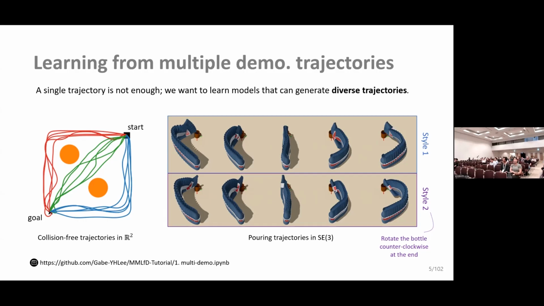Later in this talk, we'll discuss how geometric methods can help overcome this challenge. In this presentation, we'll use the two examples shown on the slide as our working examples. On the left, you can see collision-free two-dimensional trajectories, and on the right, you can see various SE3 pouring trajectories into the cup.